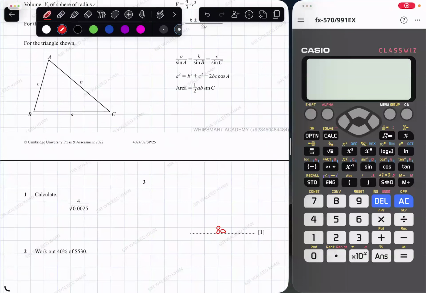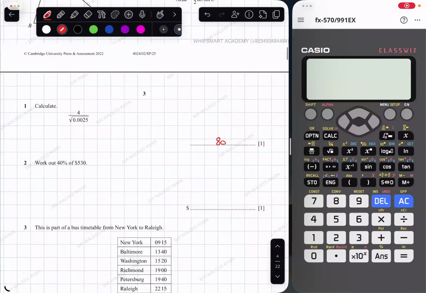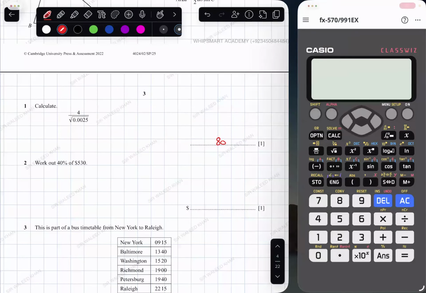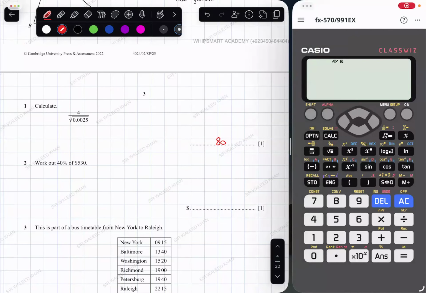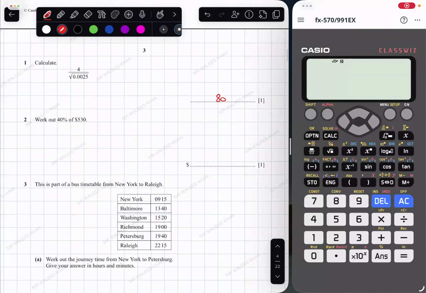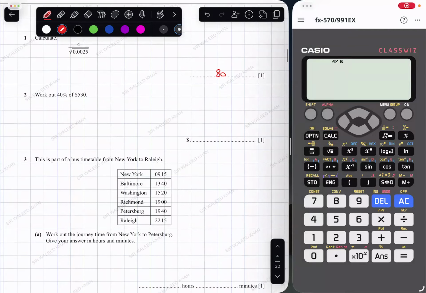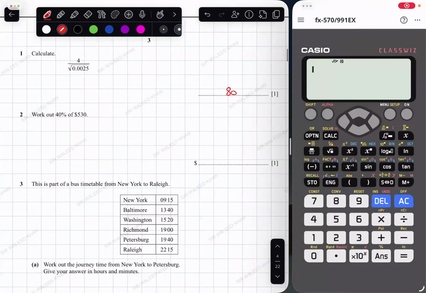Let's keep it like this so that we can do it side by side. Now, this over here, is it visible for everyone? Yes? Yes. Is it visible to everyone? Yes, sir. Okay.